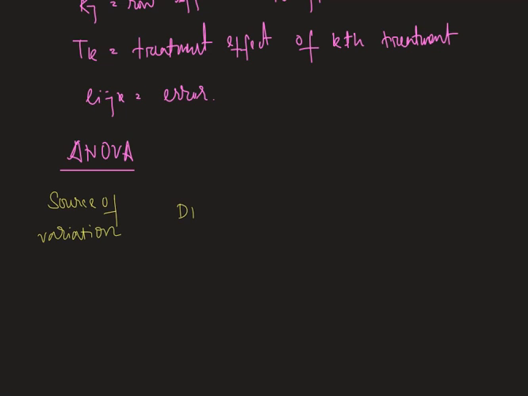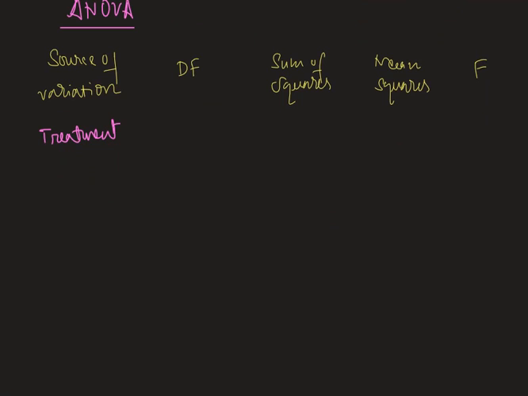Then we have degrees of freedom, then sum of squares, then mean squares, and lastly, we have the F statistic. So here the variation is due to treatment, row and column. So first of all, we write treatment. The source of variation is from treatment.